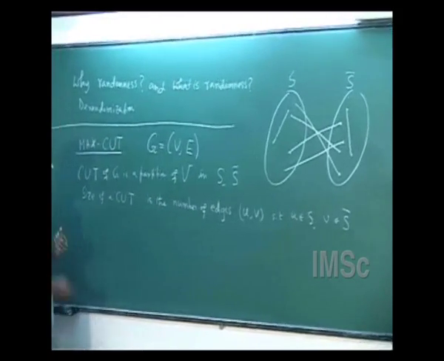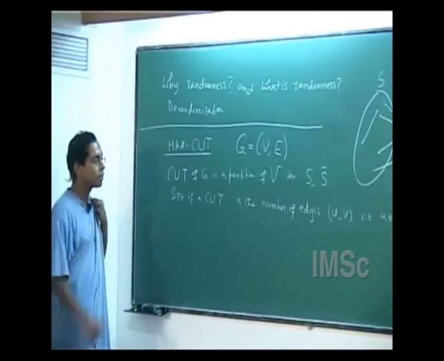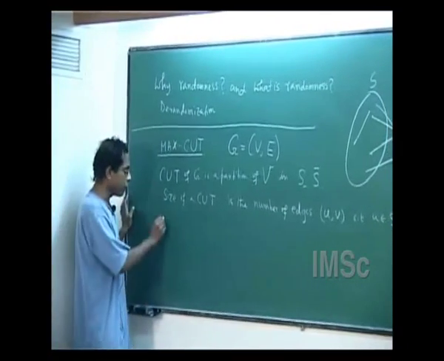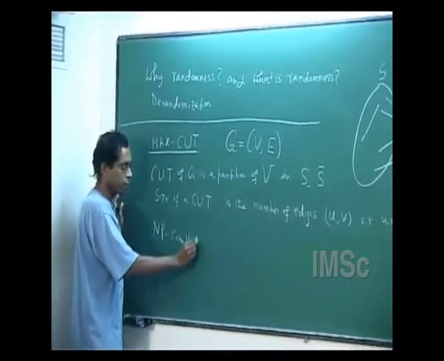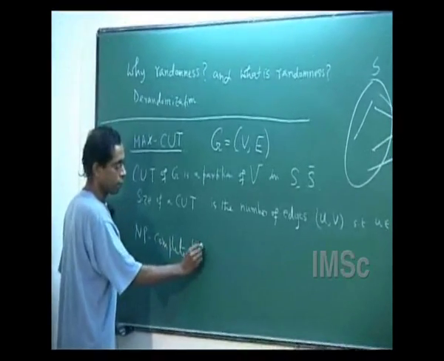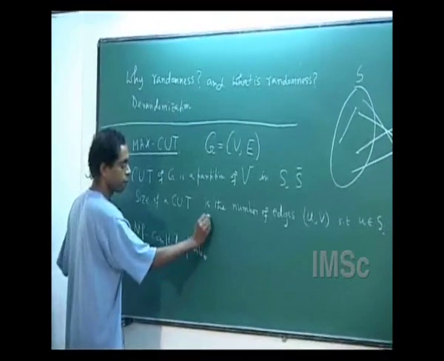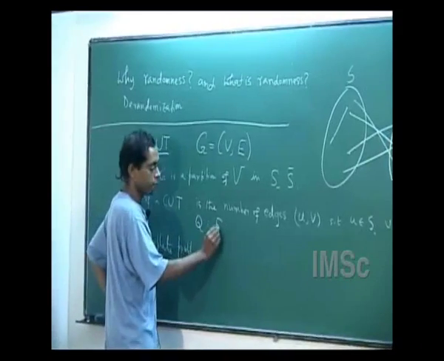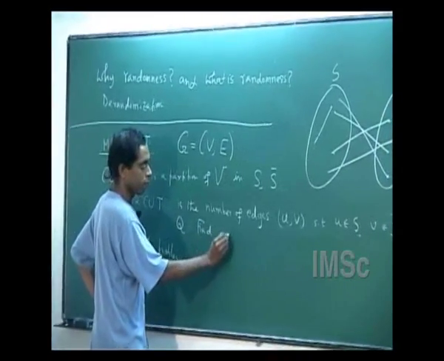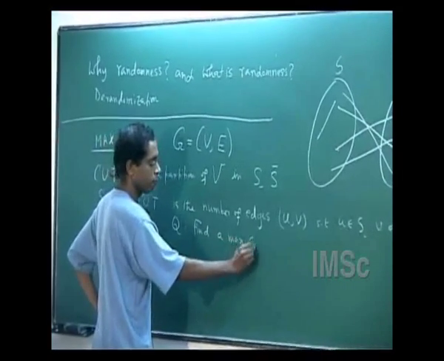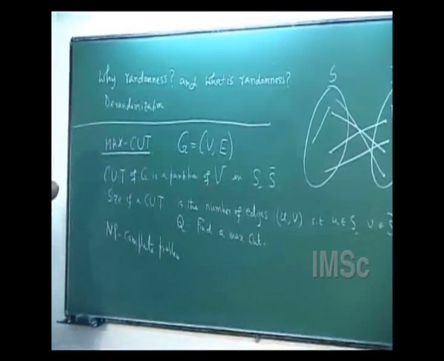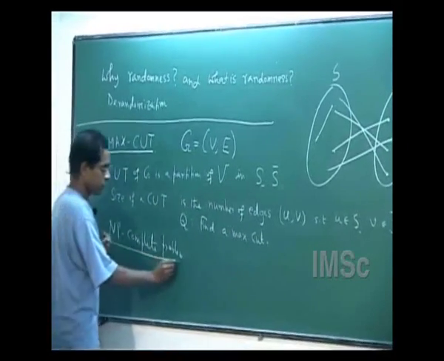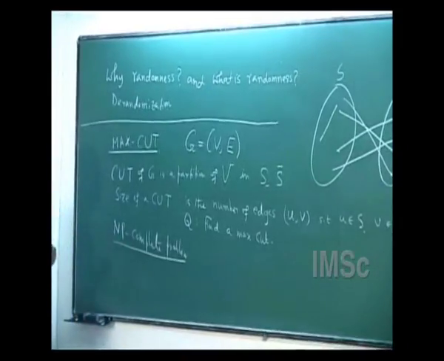If you already know some computer science theory, then this is a very well-known NP-complete problem. What does it mean?